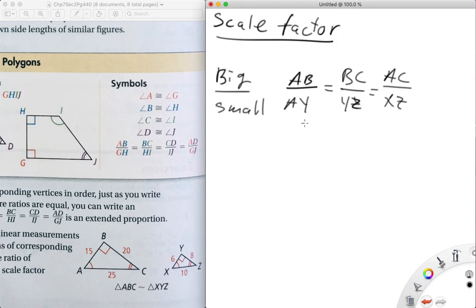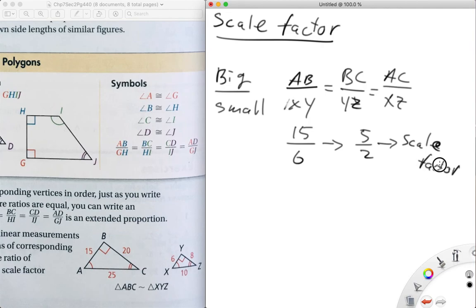So let's do AB over XY, which is 15 over 6. I'm going to simplify this fraction, divide top and bottom by 3, and I get 5 over 2. This is the scale factor. It's basically the simplified ratio. It's 5 over 2, or you can write it as 5 to 2. Alright. That's the scale factor from big to small.